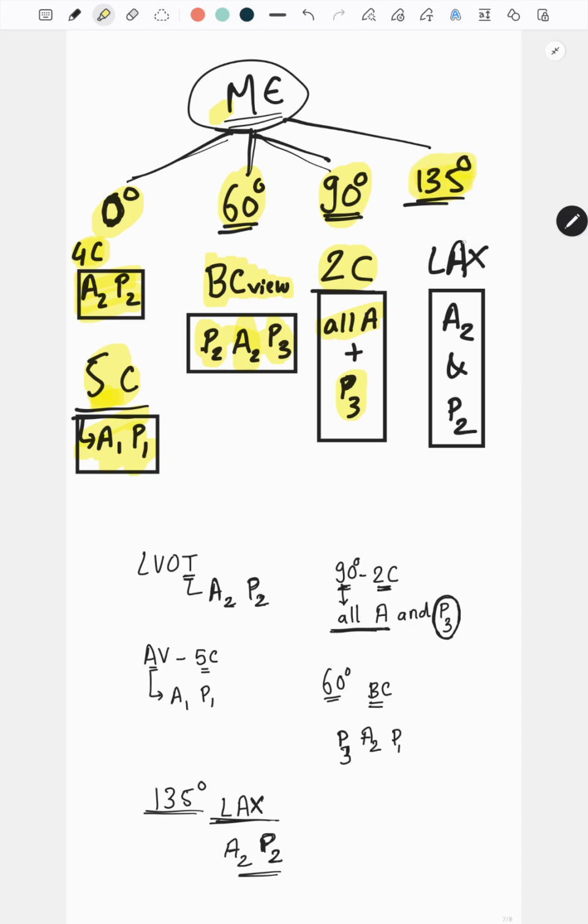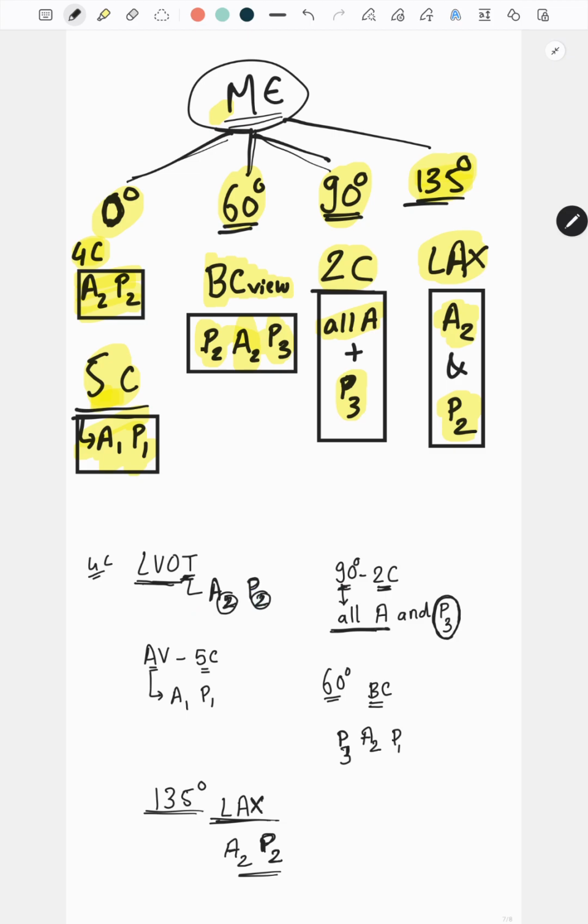At 135 degrees, also called the long axis view, we can see the A2 segment of the anterior mitral leaflet and the P2 segment of the PML. In short, to memorize: the LVOT view is the 4-chamber, wherein LVOT is seen, so A2 and P2 are seen.